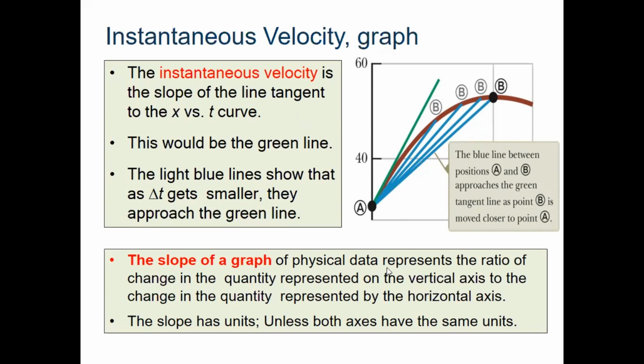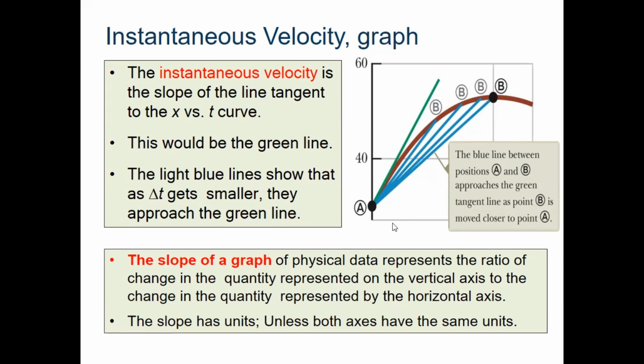The slope of the physical data's graph is basically the ratio of the change in the quantity which is on the vertical axis divided by the change in the quantity which is on the horizontal axis. So slope of a graph is really useful. Is it a positive slope or a negative slope?